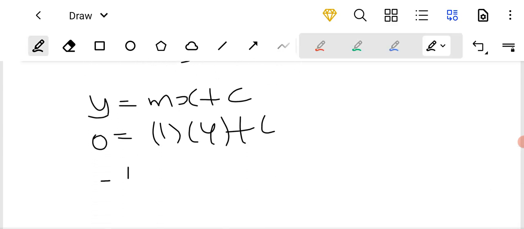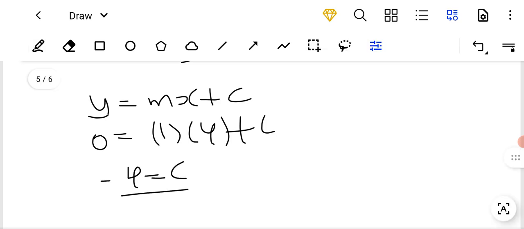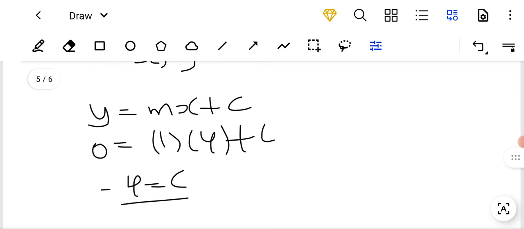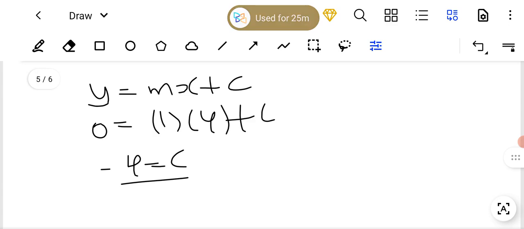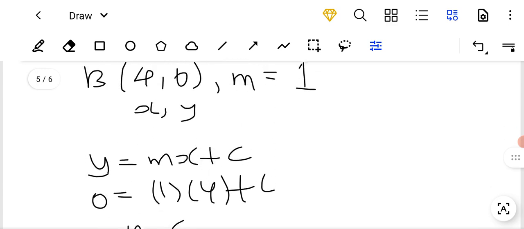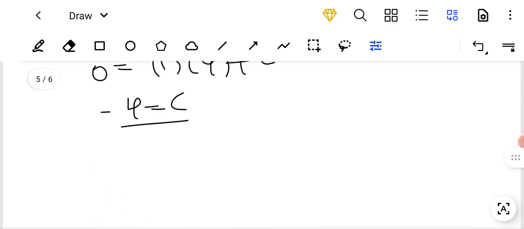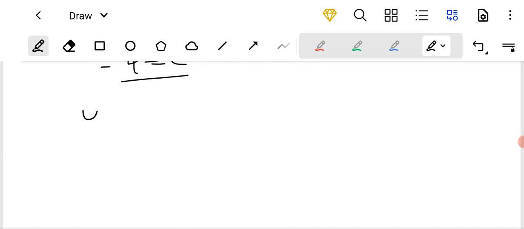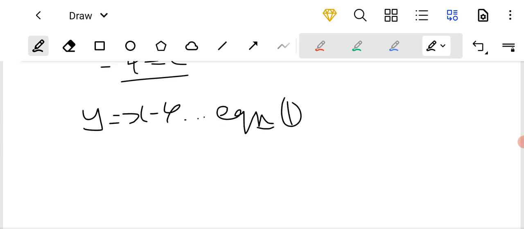So you're going to have negative 4 is equal to c, in this case your y-intercept. So what do you do here? You say y is equal to x minus 4 is your equation 1.